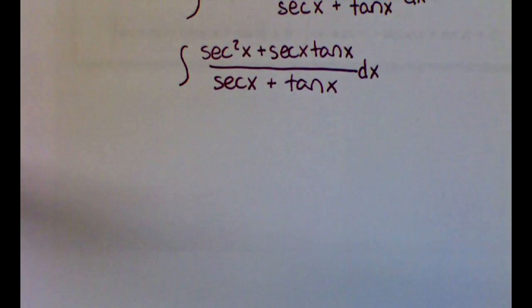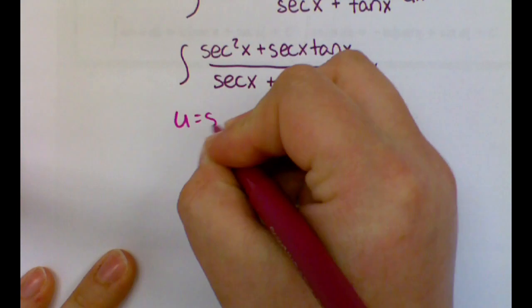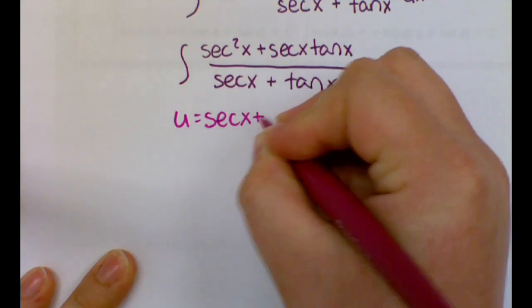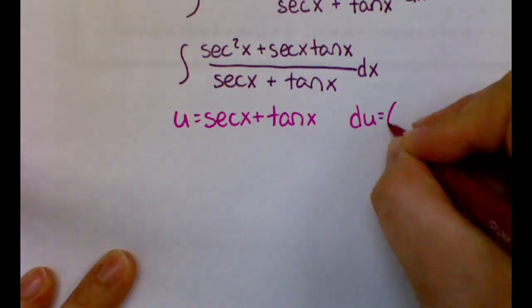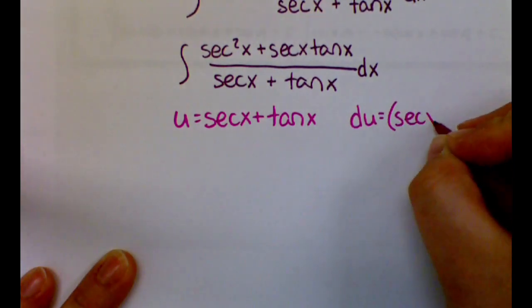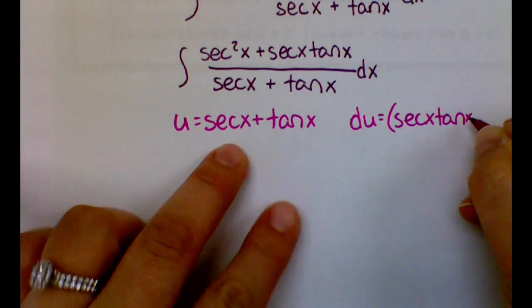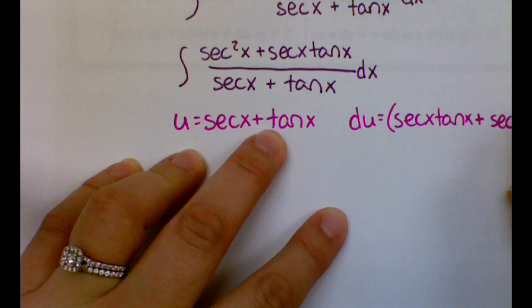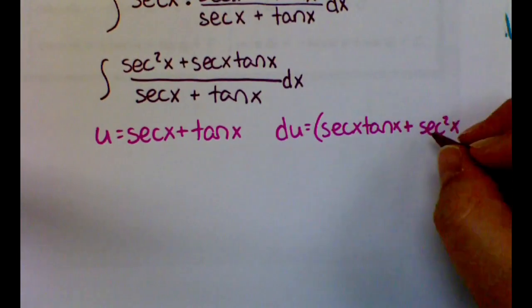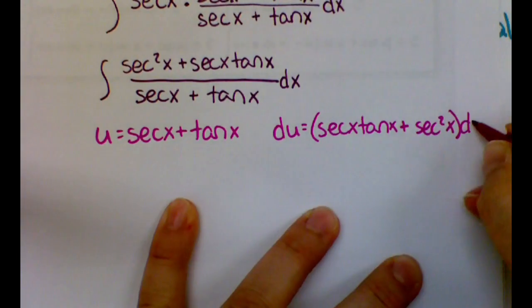So if u is secant of x plus tangent of x, du is secant tangent, because the derivative of secant is secant tangent, plus the derivative of tangent is secant squared. Oops, you can't see that. There we go. dx. And look at that.